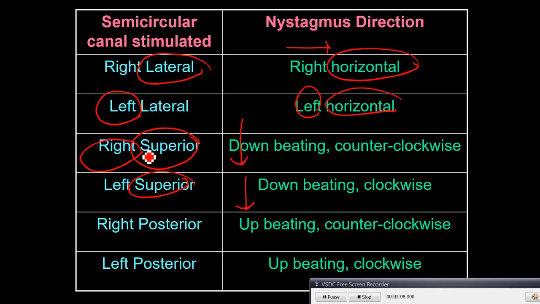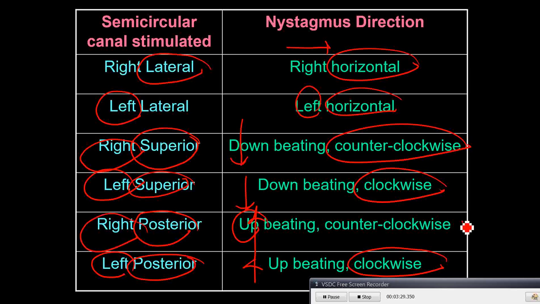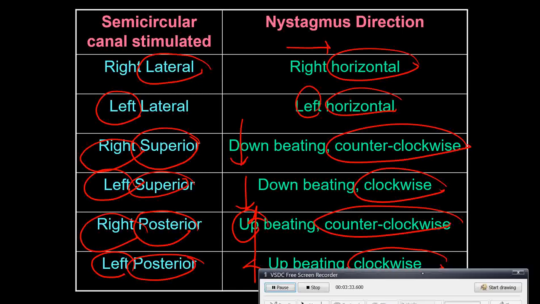So right should be counterclockwise by the central nervous system, left should be clockwise. Posterior semicircular canal is going to go upwards. Once again, posterior semicircular canal is going to go upwards. So right should be counterclockwise. By this way, we try to understand the nystagmus generation.